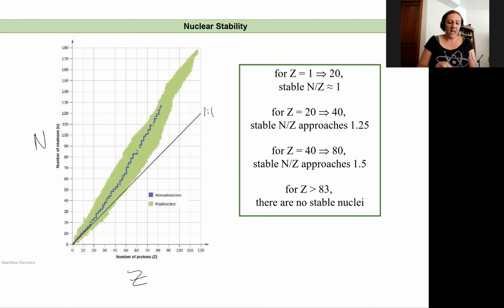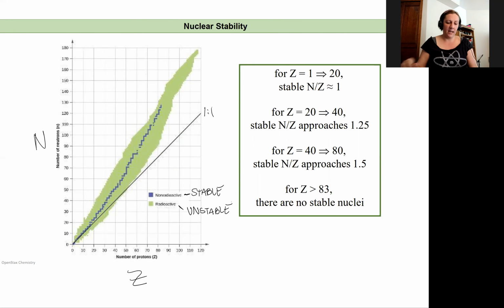Our blue dots here are stable nuclei, and the green ones are radioactive, so they're unstable. You can see immediately, first impression, that there are more unstable nuclei than stable nuclei on our periodic table, like in the universe or our planet.